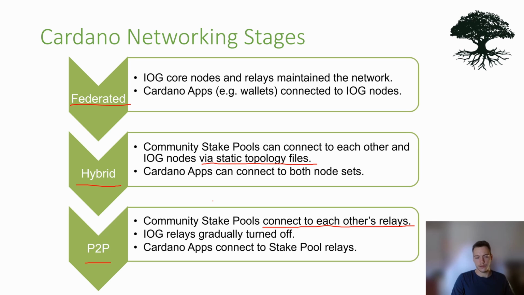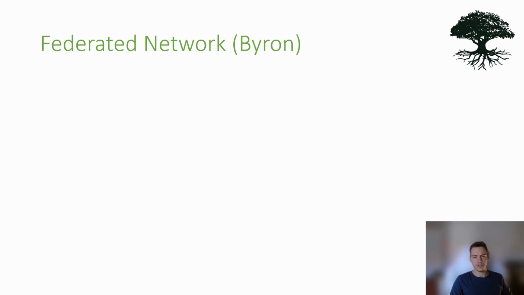So in that stage, Cardano apps would connect to only the stake pool relays, since the IOG relays would be turned off. Now we'll take a look at some graphs provided by IOG that illustrate the networking stages we just went through.